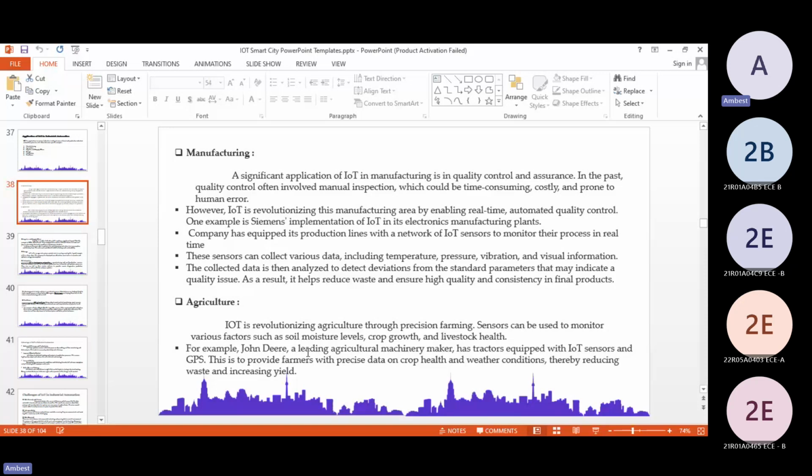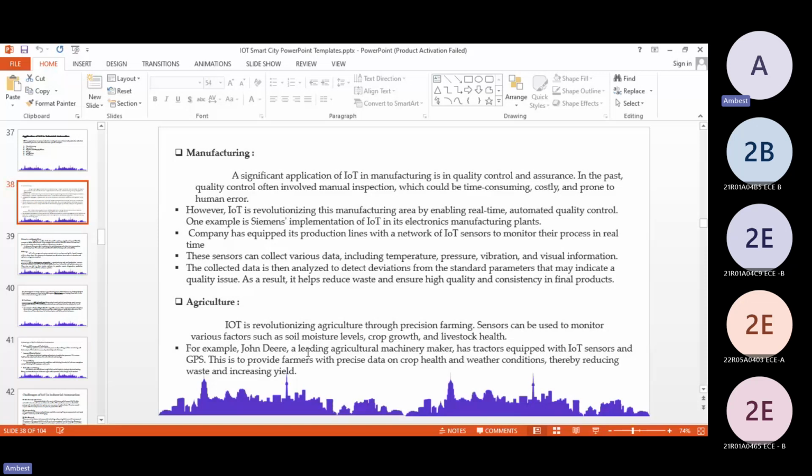These sensors collect various data. This point applies in every IoT application, because wherever we go, it is about controlling and monitoring. The data includes temperature, pressure, vibration, and visual information.